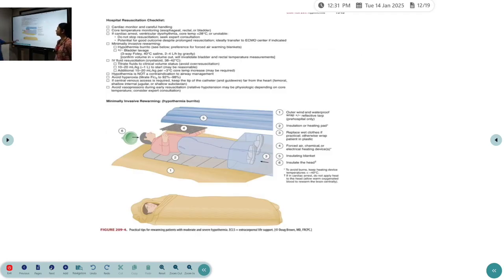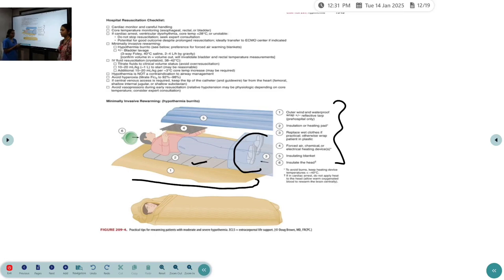this is one of the minimally invasive rewarming techniques, that is the hypothermia bundle. In this, we have 6 layers of protection for the patient. The first one will be an outer wind and waterproof wrap. Secondly, we will be giving insulation or a heating pad. Then you will have to replace all the wet clothes, and then wrap, if possible, in plastic.